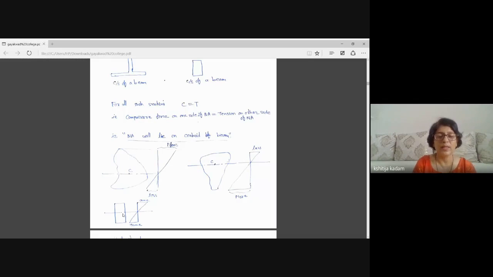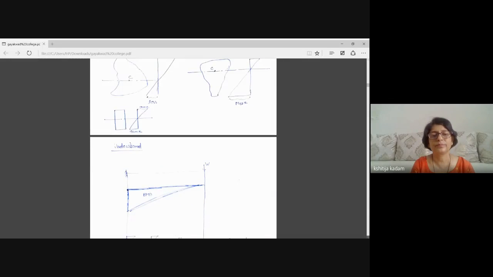Third example, at the bottom you see, if it is a rectangular cross section, the centroid will lie on the axis of symmetry exactly at half height, and in that case the topmost fiber and the bottommost fiber will observe the same bending stress. So what I wanted to explain here is that it is not necessary that the topmost and bottommost fibers will have equal stresses.